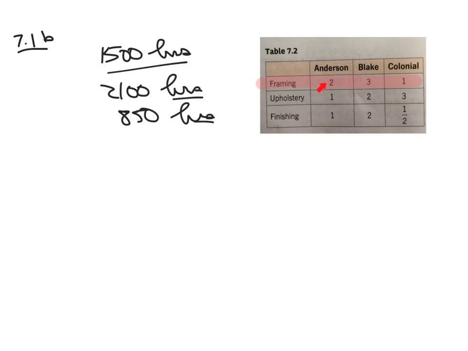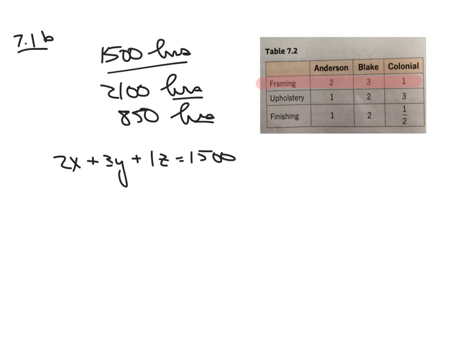So 2 hours to frame an Anderson, plus 3 hours to frame a Blake, plus 1 hour to frame a Colonial, and the x and y and the z are the number of chairs, and that should equal the 1,500 hours. So our first equation is going to be 2x plus 3y plus 1z equals 1,500 hours.